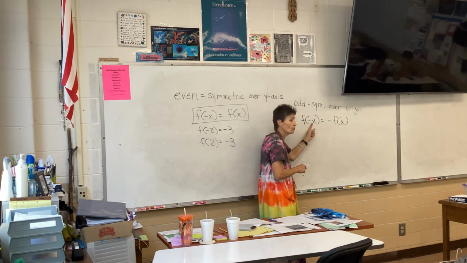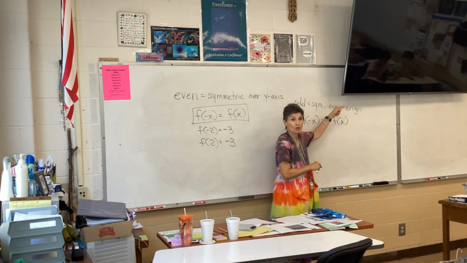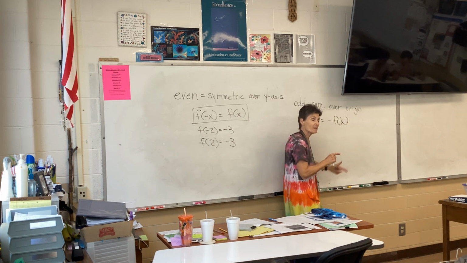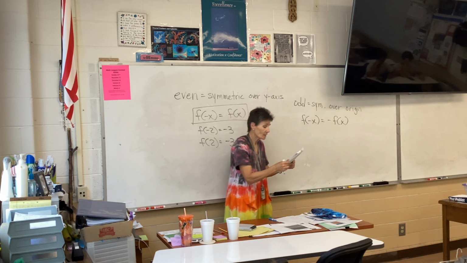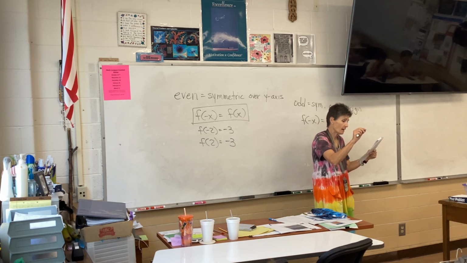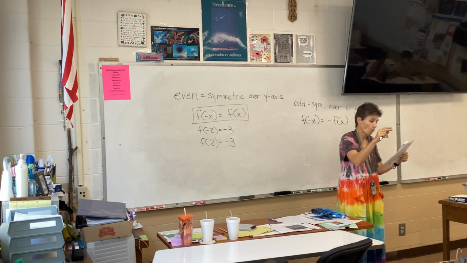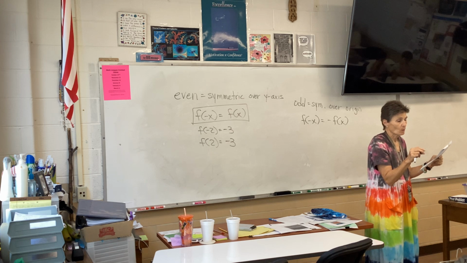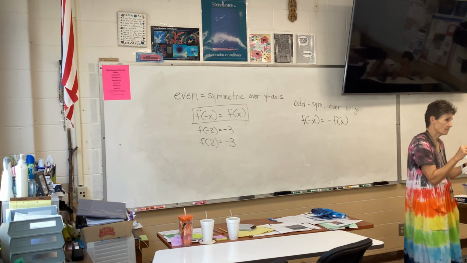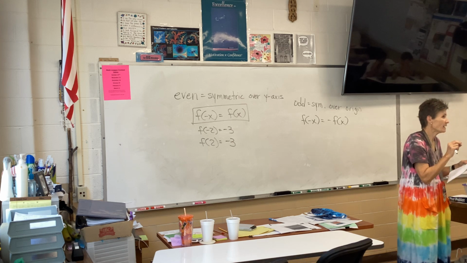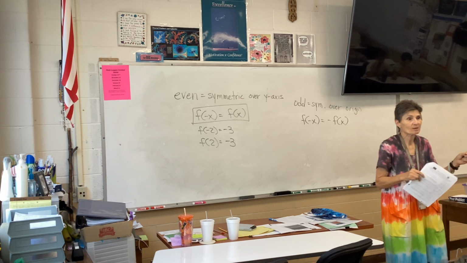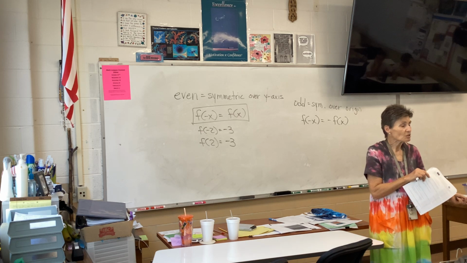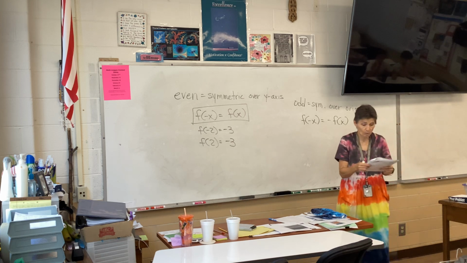Over here, if you put in a negative input, it changes the sign of your output. And that makes sense. Look at the picture. What do you get if you put in 1? You get about -1.5. What do you get if you put in -1? +1.5. So changing the sign on the ins changes the sign on the outs. That is your test for symmetry about the origin.